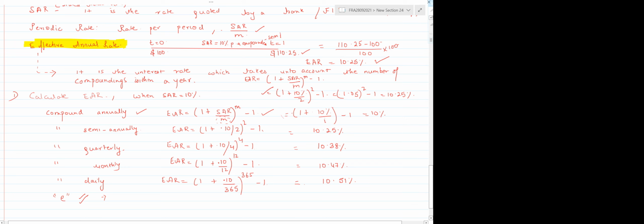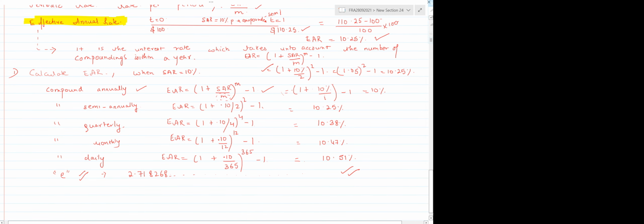E is 2.718268, and it goes on and on. Guys, do we know how to derive this number? We know, but I forgot. Okay. Guys, I'll give you an idea as to how we get this number.